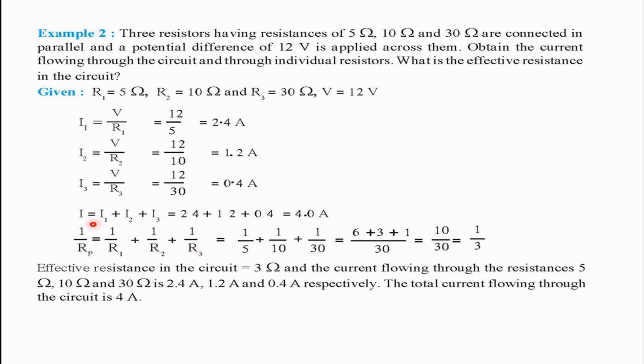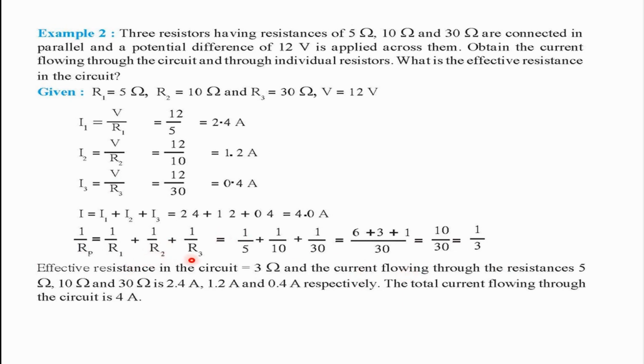Since we asked for the effective resistance in the circuit, we will apply this formula. Using the LCM method, you get 1/3. So the effective resistance of the circuit is 3. 1 upon Rp equals 1 upon 3, so Rp equals 3.